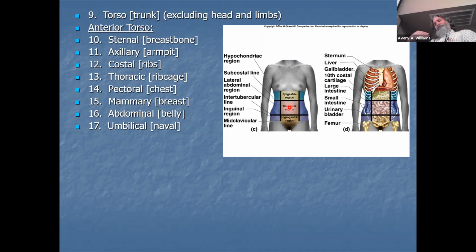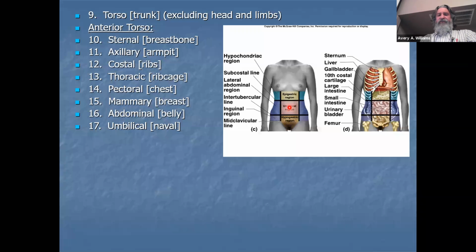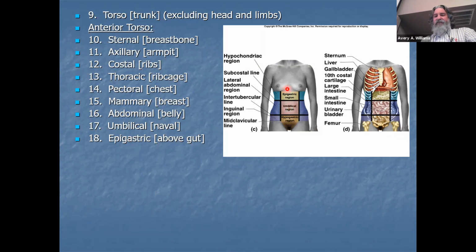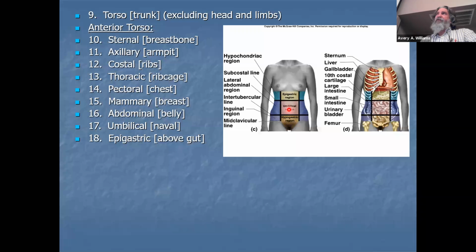And so the other 8 regions are named in reference to their position relative to the umbilical region. For example, the epigastric region, it's part of the abdominal region, but it's specifically that quadrant superior to the umbilical region.